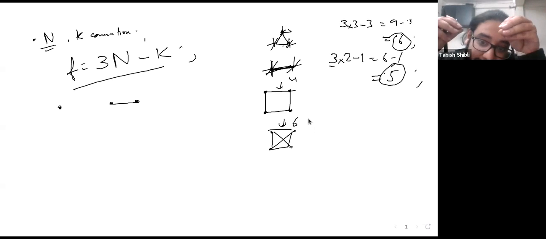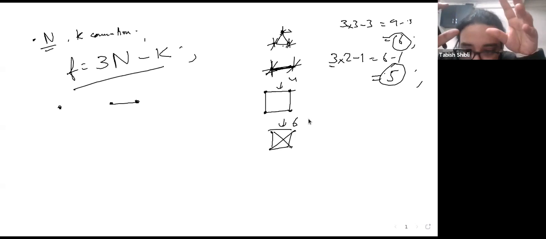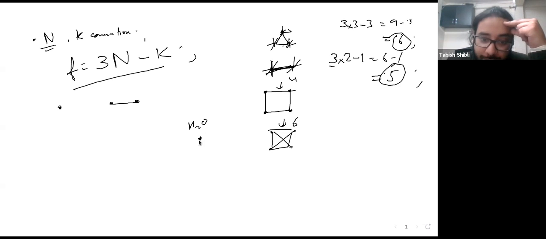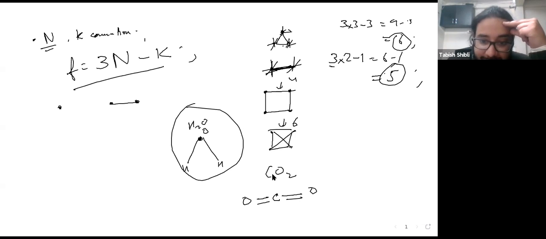So the number of constraints depends on the shape of the molecule itself. For example, if you have water, H2O, you have oxygen on top and a hydrogen connected here. But you have CO2, which is a carbon in the center with a double bond to an oxygen on each side. So the shapes are very different.